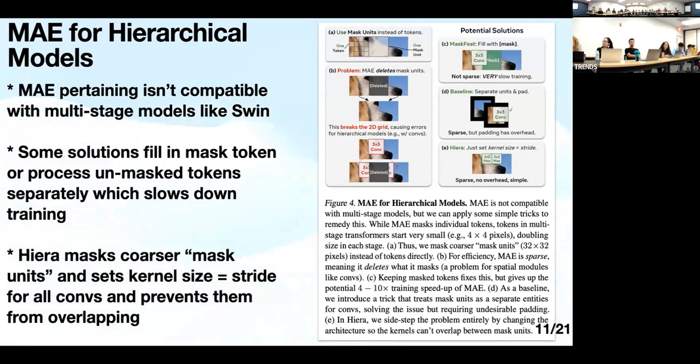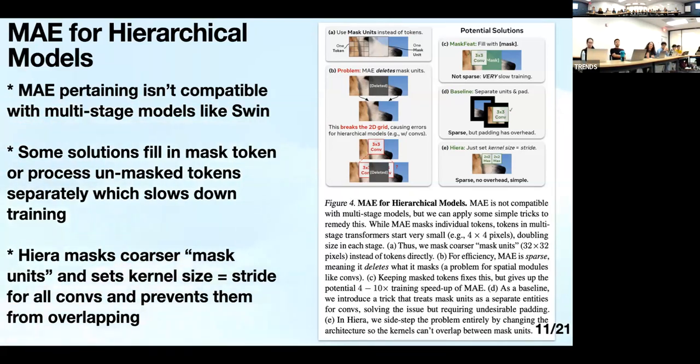But then another approach to address this issue with pre-training on MAE is processing each one of these tokens separately with padding. But another thing that they're saying is it just slows it down a lot. Even though it is sparse, it doesn't enforce the sparsity, because for this potential solution D baseline, they wouldn't process the mask tokens, but they would go through and process the unmasked tokens with padding.